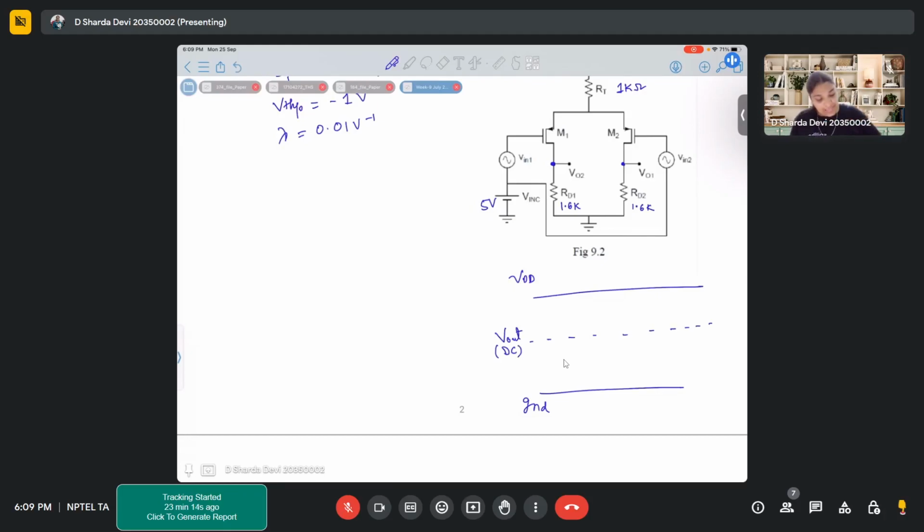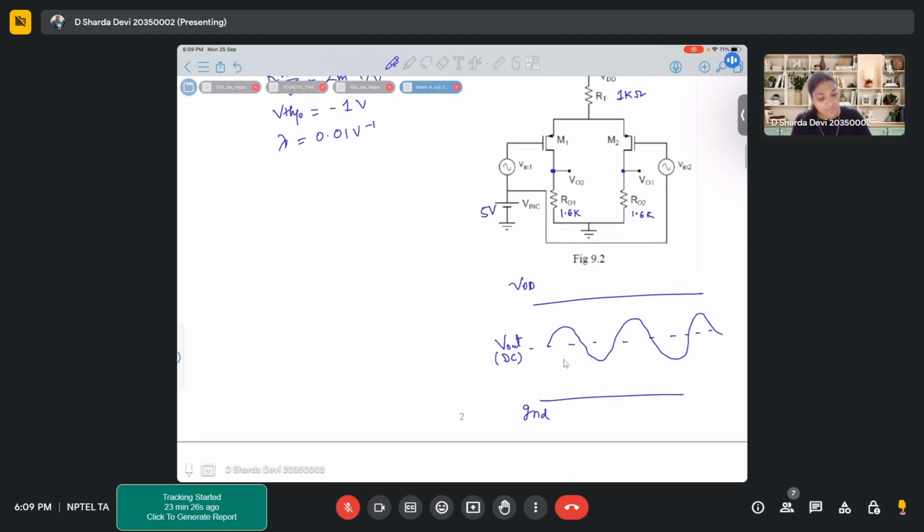Now over this, when you apply an AC input, you will see an AC output as well, right? Oscillating to and fro from that DC level. So the idea is you have to find this swing towards the negative side. From the DC level, what is this particular swing in the negative side? This is what is asked in the problem.